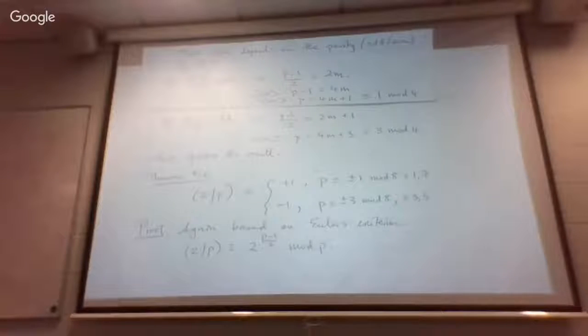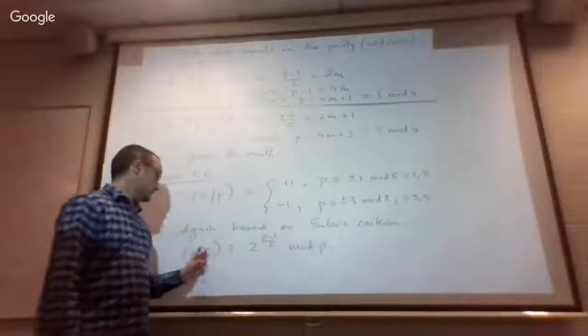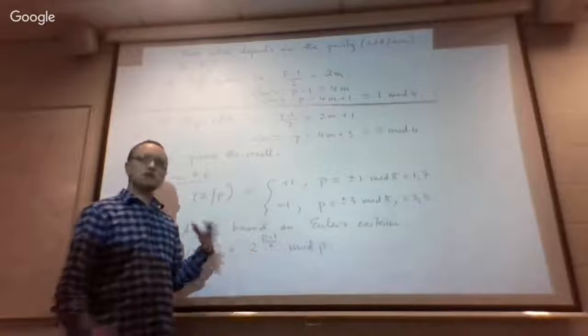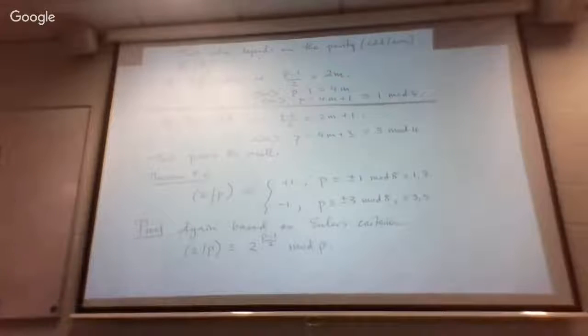The idea here is to obtain this quantity, this power of 2, in a couple of slightly different ways, and then not equate them, but congruent them. So we're going to obtain the congruence class of this power of 2 in a couple of different ways.